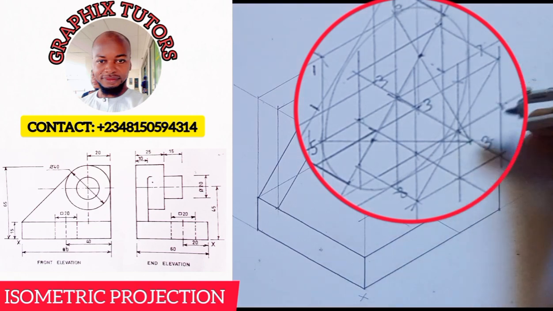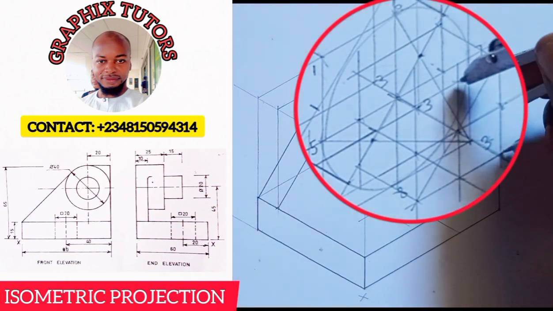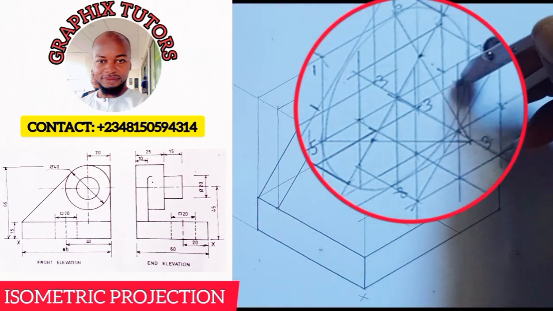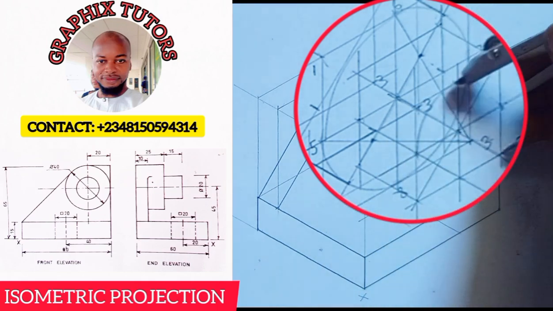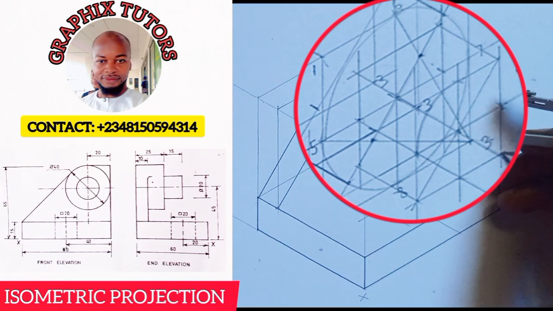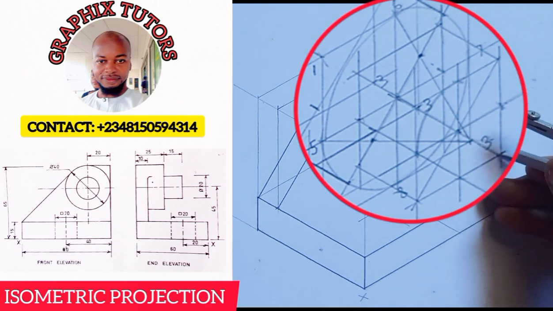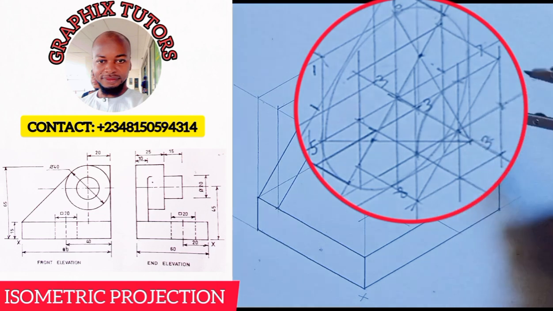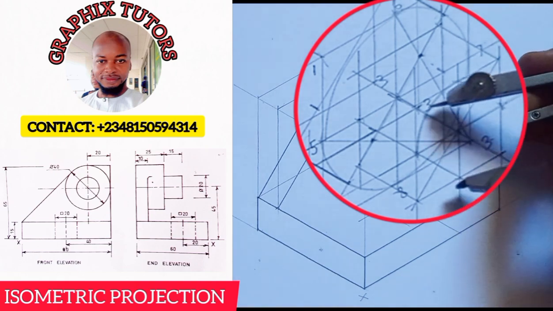I'll connect from this point to the beginning here, just like we've been doing earlier. Hope you can see that. Then I'll still come here also. If you trace this down, I'll come here too.